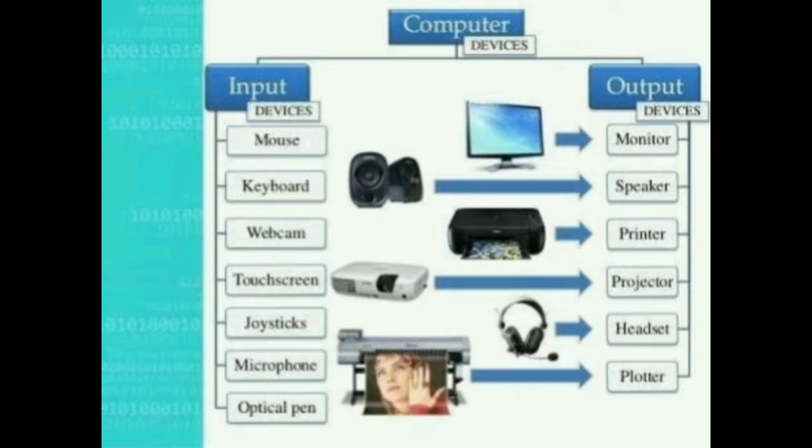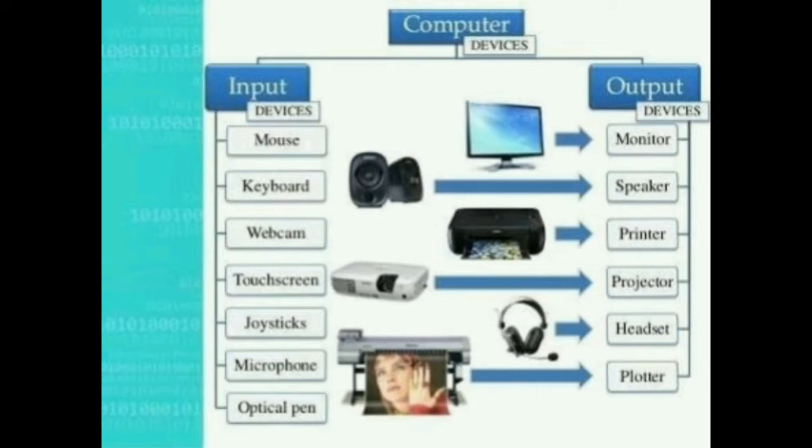Similarly, computer has also many parts and these parts also help us. A computer is also made up of many parts. Each part has a specific function. All these parts are called devices. These devices are of three types: input devices, processing device, output devices.